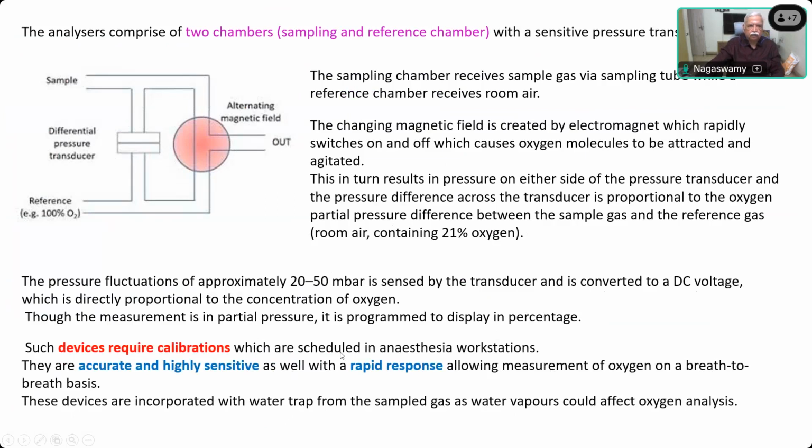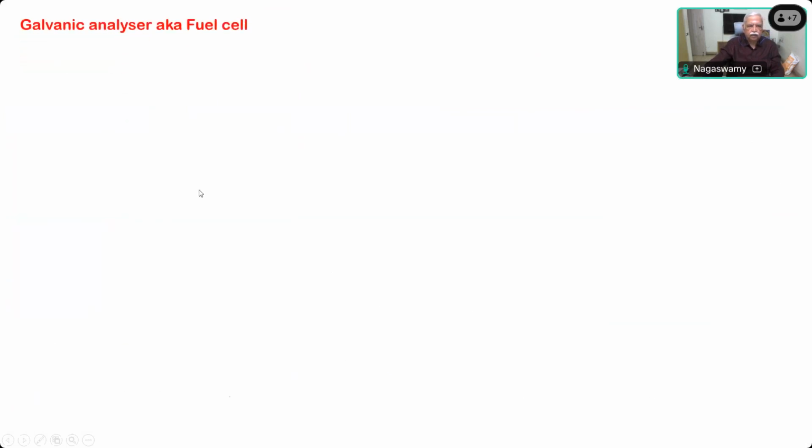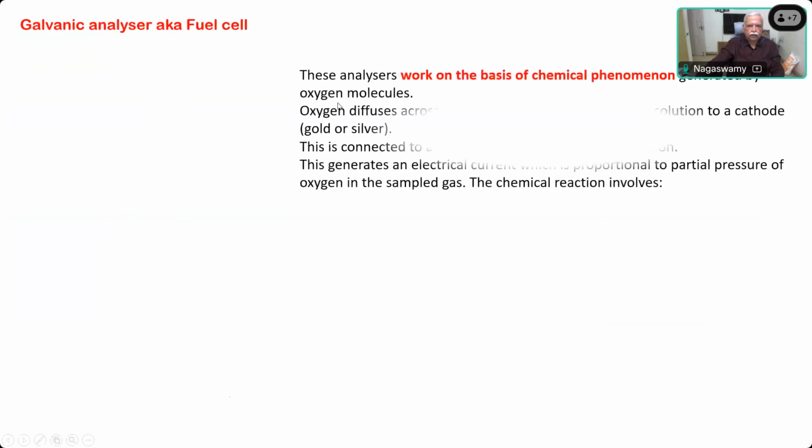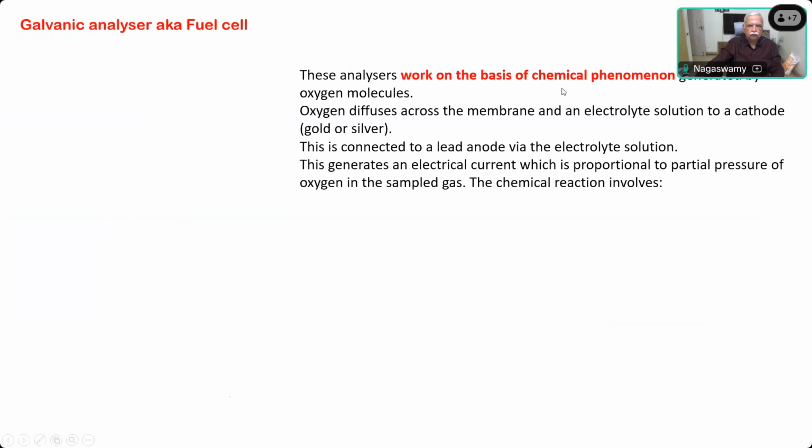Whereas the next type is called the galvanic analyzer or the fuel cell. These work on the basis of chemical phenomena, where oxygen diffuses across a membrane into an electrolyte solution, and the anode and cathode are placed in that.